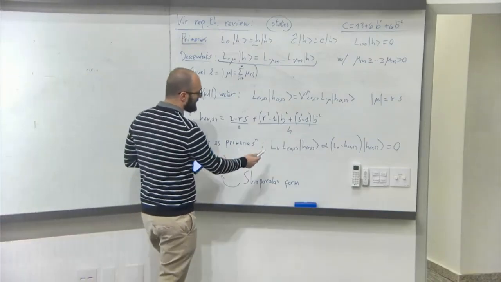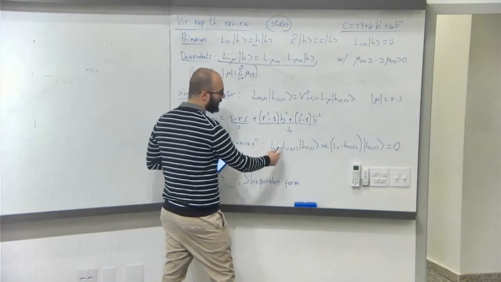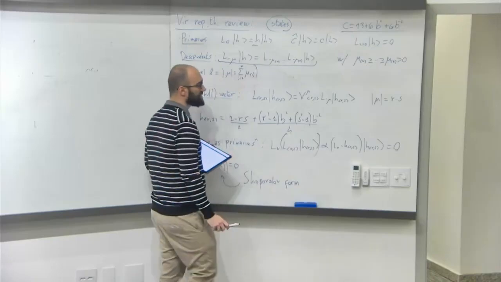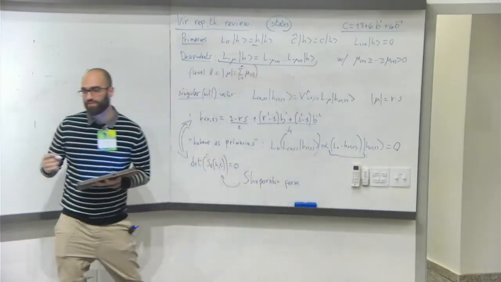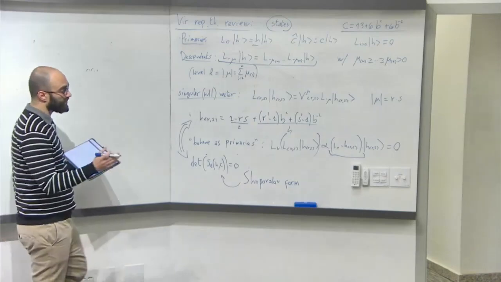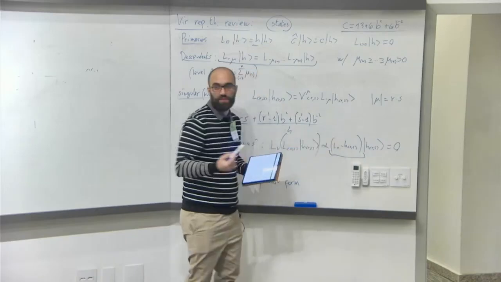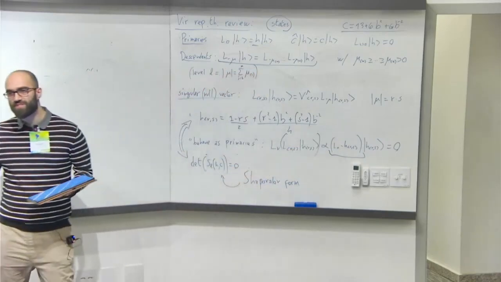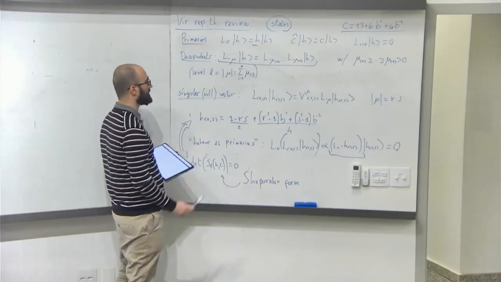I mean that if you act with a positive mode of the Virasoro algebra on this descendant, you're going to get zero. Similarly for the zero mode of the Virasoro algebra, L0 minus h_rs, you get a simple zero. The fact that it's a simple zero is important for what's going to come later, because a simple zero can be eliminated by simple poles. That's why it's important to highlight that.